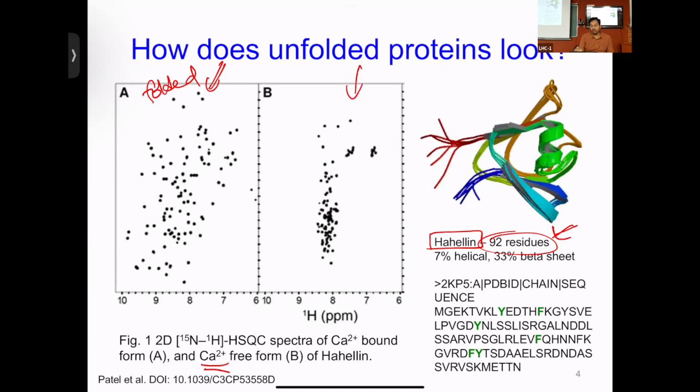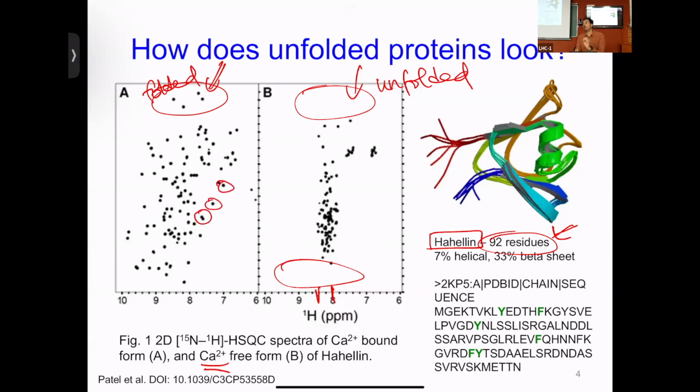The same protein, if it's unfolded, you see how the nitrogen proton HSQC changes. The proton resolution drastically reduced. Nitrogen is still okay, but you started to lose many resonances in the upfield and the downfield parts of the spectrum. What we see from this is that a protein gives specific markers for each amino acid, making NMR an atomistic resolution technique to follow every atom that's present.